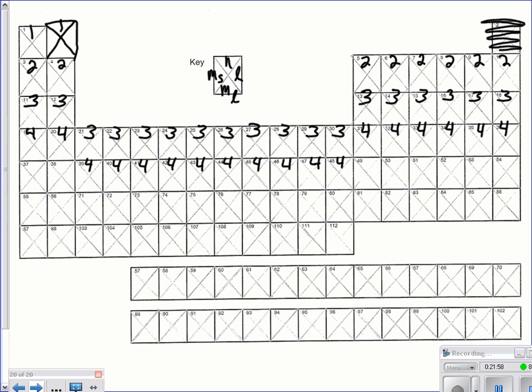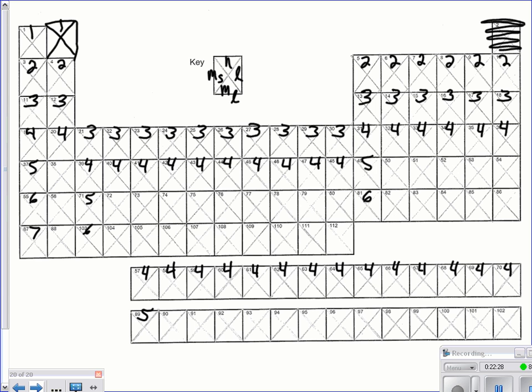No, I have to come down here to my f block and put in my 4s as well. I am not going to fill everything in, but we know that these are 5s, 6s, 7s. You guys can fill that in on your own if you want to, but those are energy levels.